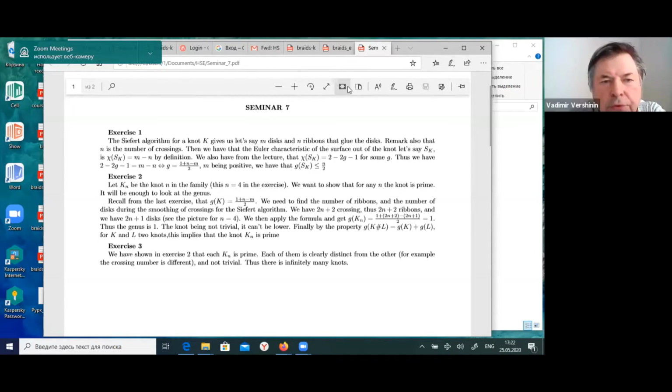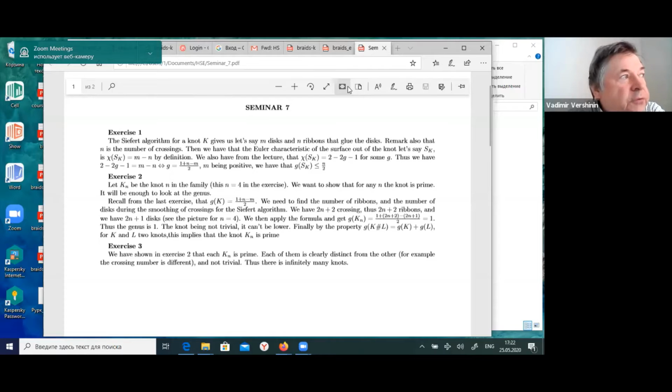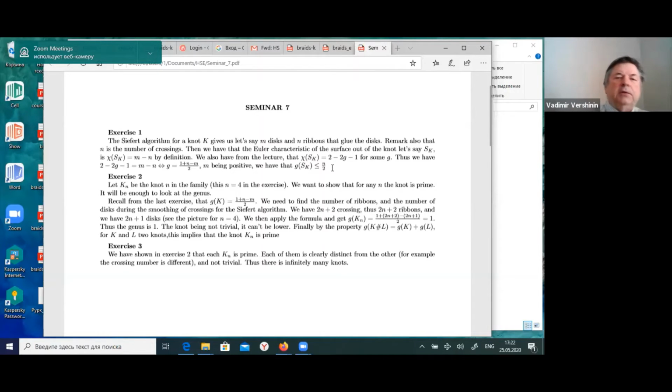We also use that when we construct a Seifert surface there should be at least one disk, and this is because we have one here, then we have exactly n, not n plus 1.